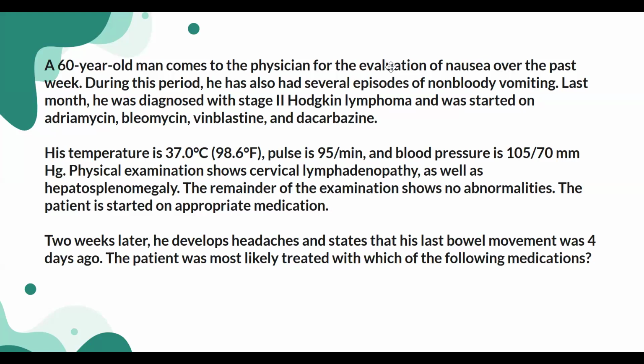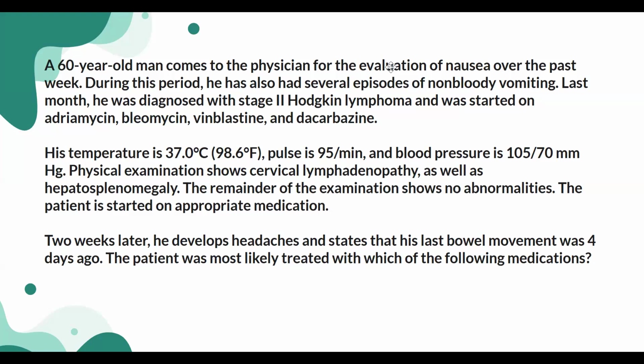His temperature is 37, which is pretty much okay. His pulse is 95, that's within normal as well. Blood pressure is 105, a little bit on the lower side. Physical examination shows cervical lymphadenopathy, which is to be expected with Hodgkin's lymphoma, and then there's also some hepatosplenomegaly. The remainder of the examination shows no abnormalities.